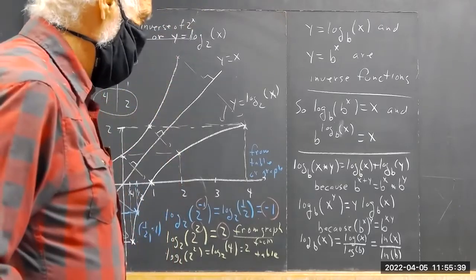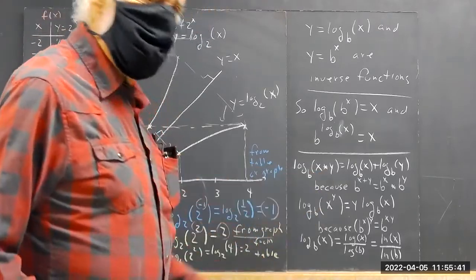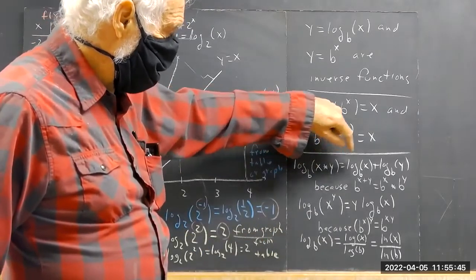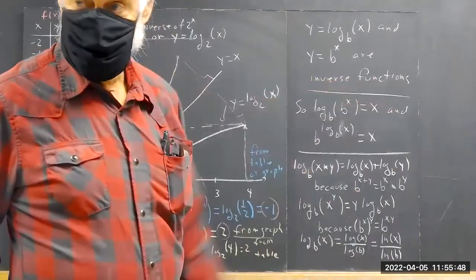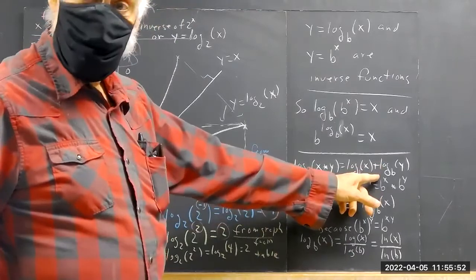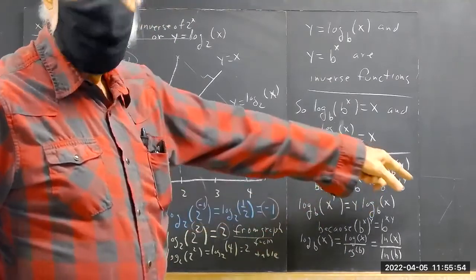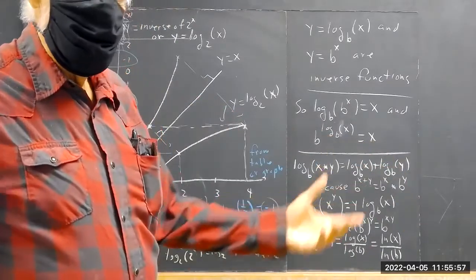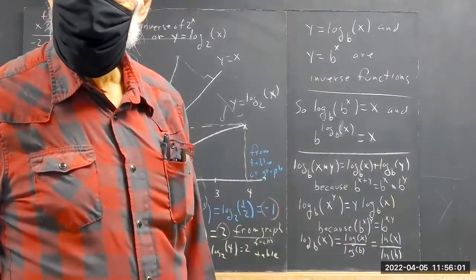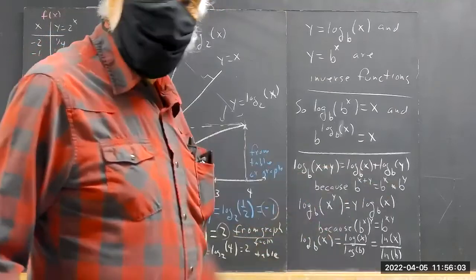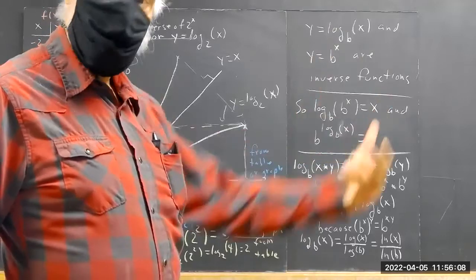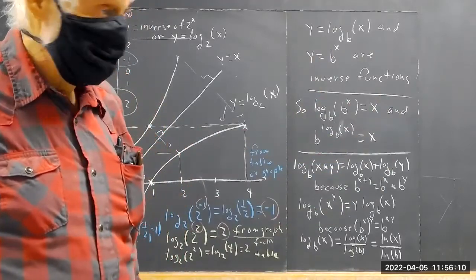There's a little more here. Your book includes a rule: log of x divided by y is the log of x minus the log of y. Just like multiplication, you add the logs. For division, you subtract the logs. I don't think it's necessary because if you understand negative one powers, you can use this. x over y is x times y to the negative one.